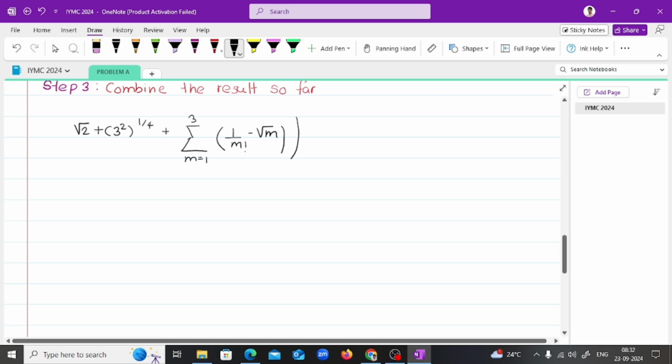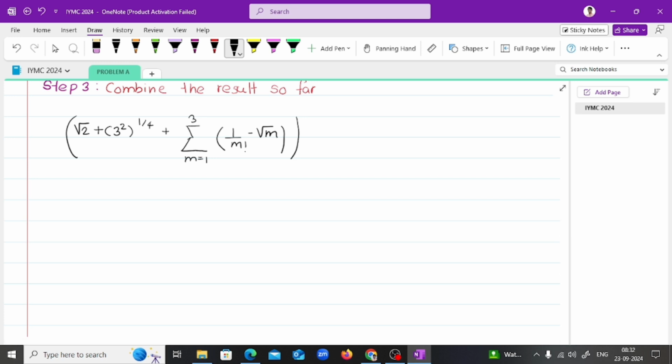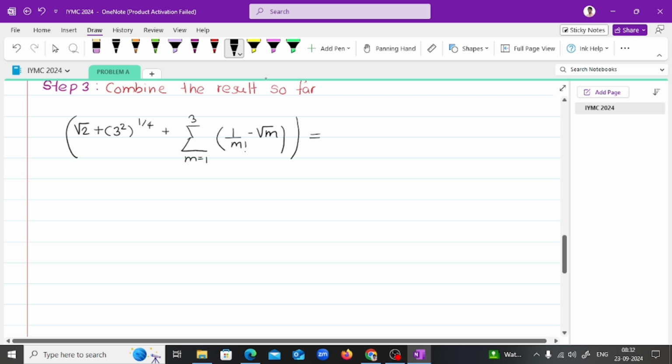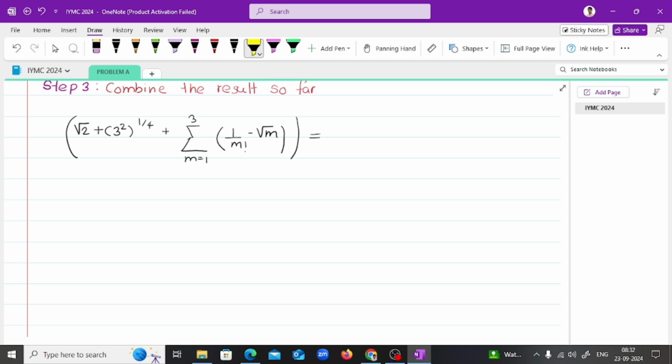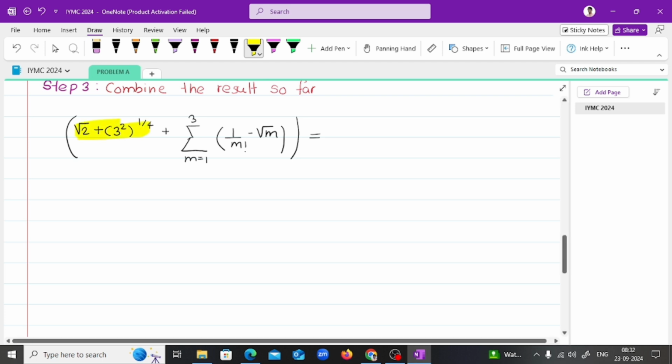This is nothing but the first bracket of our problem, where we have to find the numerical value of the expression without the use of calculator. So here we will write down the simplified value of the first two terms and the third term, and then we will add them together.